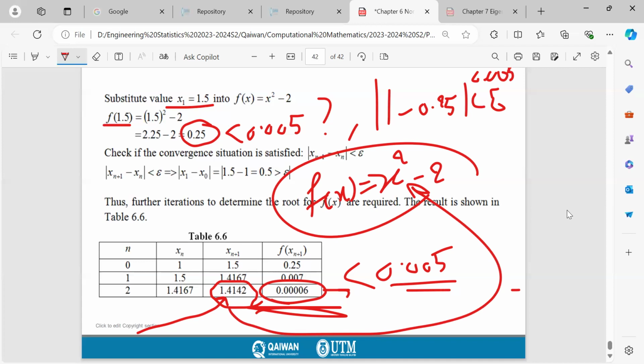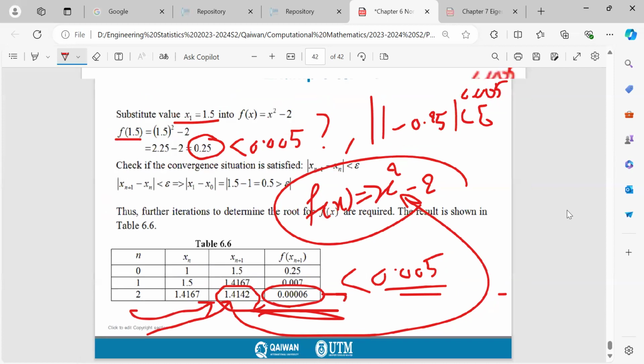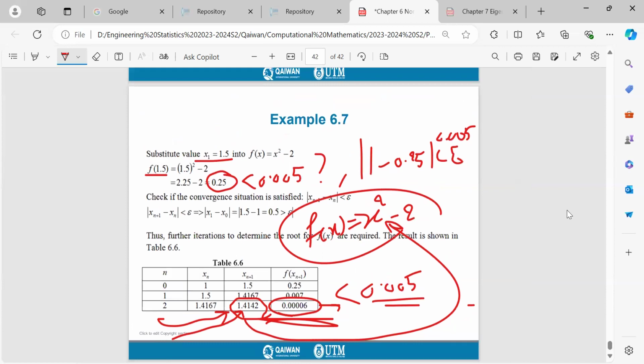It may not be exactly 0, but at the last x value the function is close to 0. So that's why we say that value is the approximate solution for the function x squared minus 2.